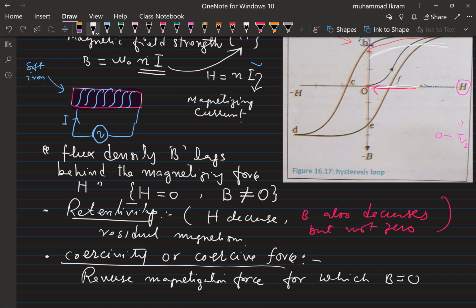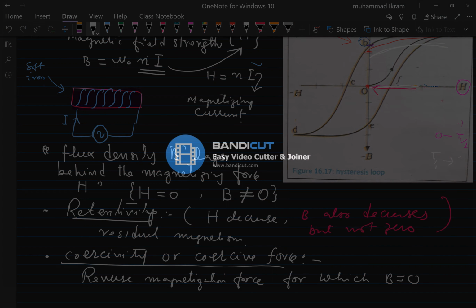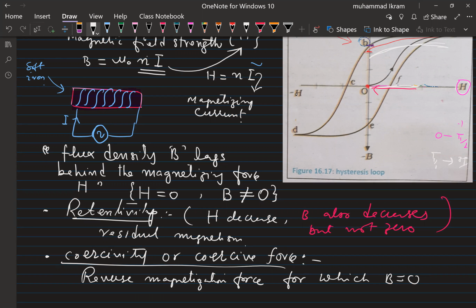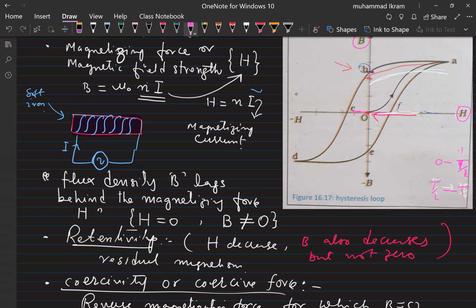So when you increase the current in the reverse direction, from T by 2 to T, like this, the current decreases, which means H decreases, and B, the magnetic flux density, decreases until it becomes zero.